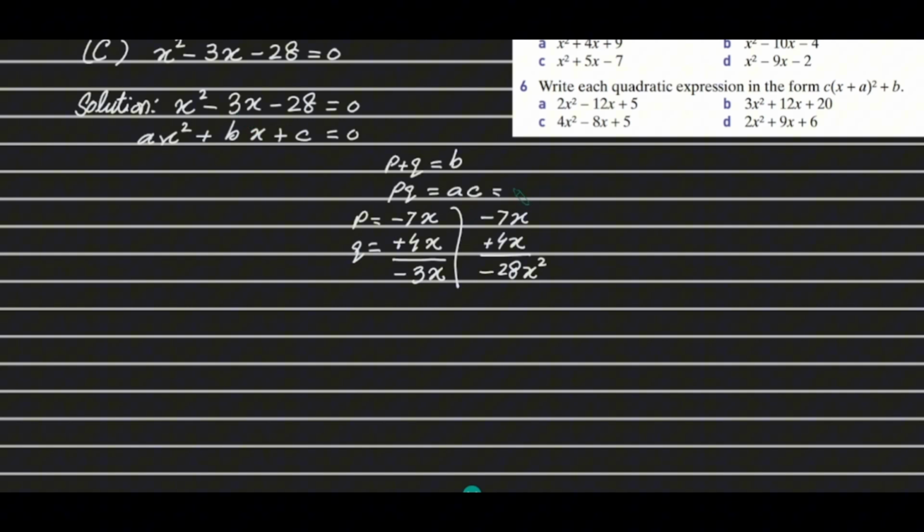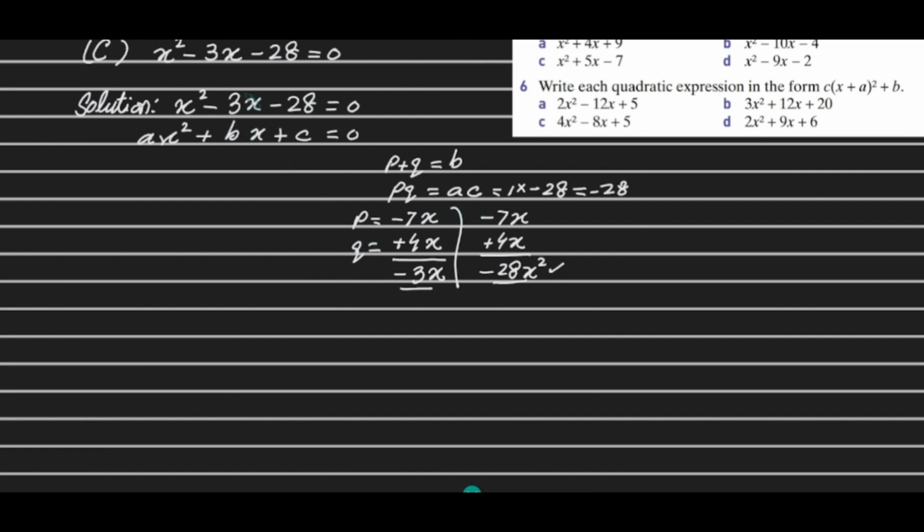Here a is 1 and c is minus 28, and we get minus 28 and x squared. This is written here. Both conditions, p plus q equal to b and pq equal to ac, are satisfied.